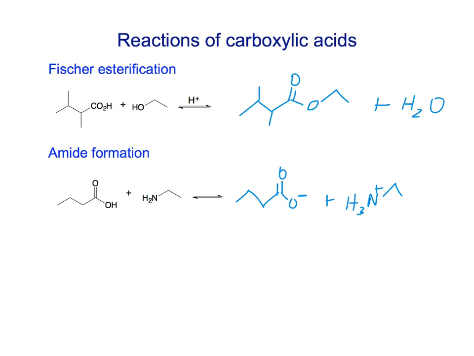If you heat this a lot, greater than 100 degrees Celsius, you can drive this reaction to an amide plus water. But that's not a very good reaction. It's hard to do, you've got to heat it a lot, and your reactants may not be stable to that.